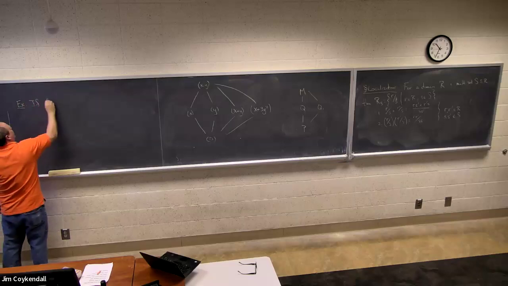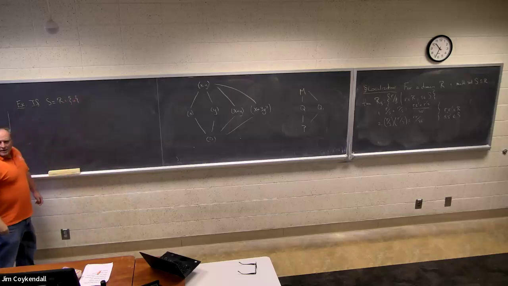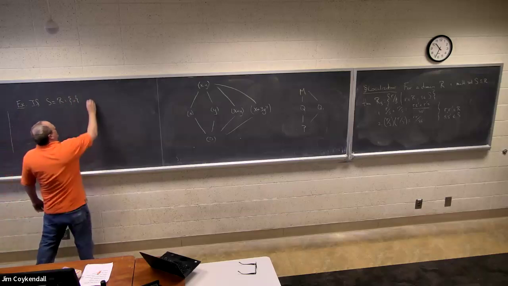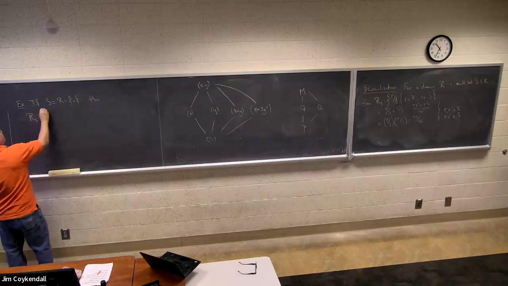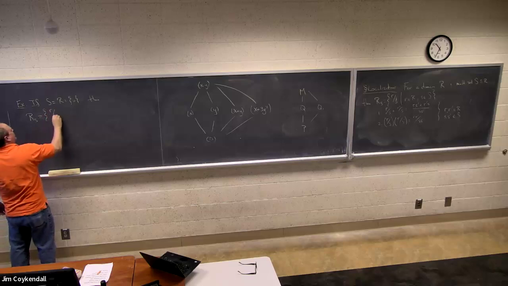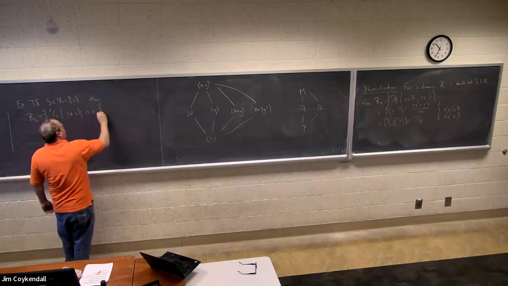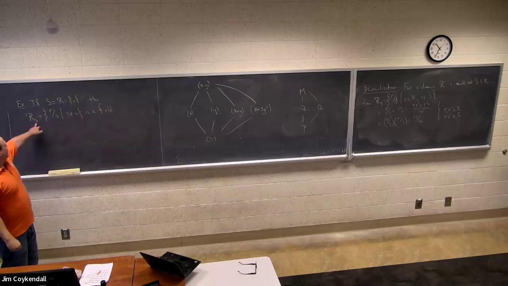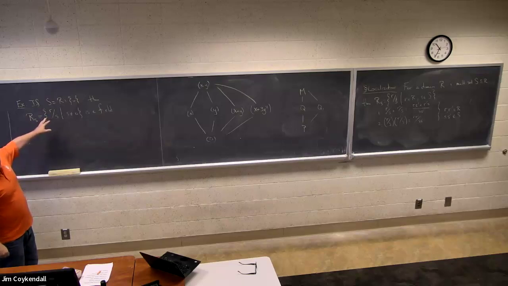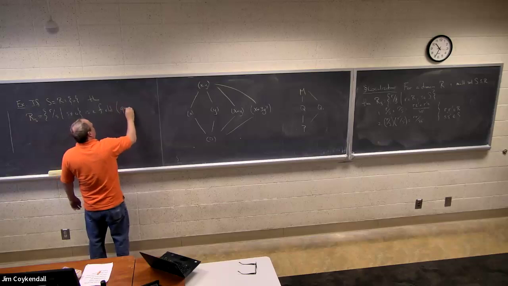If S is R minus 0, then this is in fact a field. It's the set of all fractions where you can take any denominator you want as long as it's not 0. And this is called the quotient field of R.